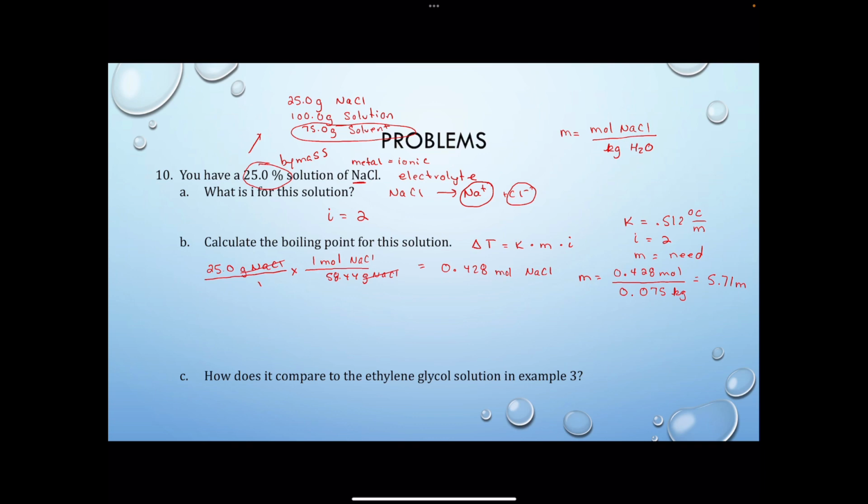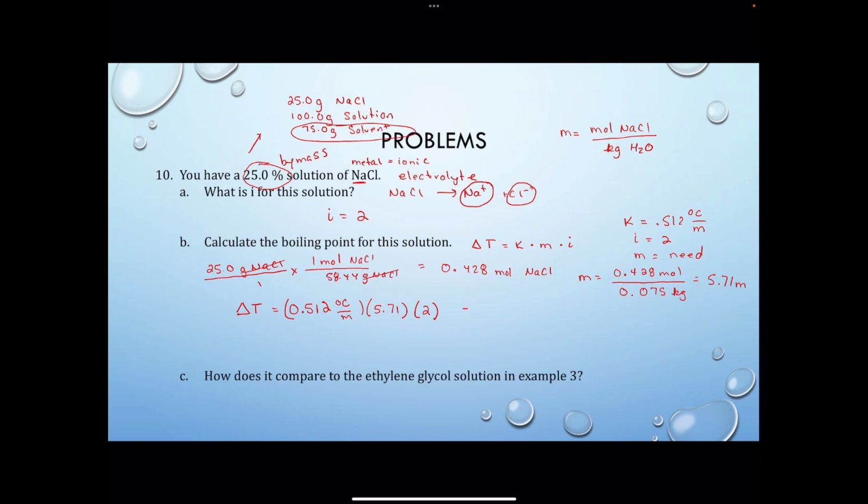So next I can calculate my boiling point change. That temperature change will be equal to K, which is again 0.512 degrees C per molal, times our molality, times our i value. And this time our i value is 2, since that compound formula has 2 ions.